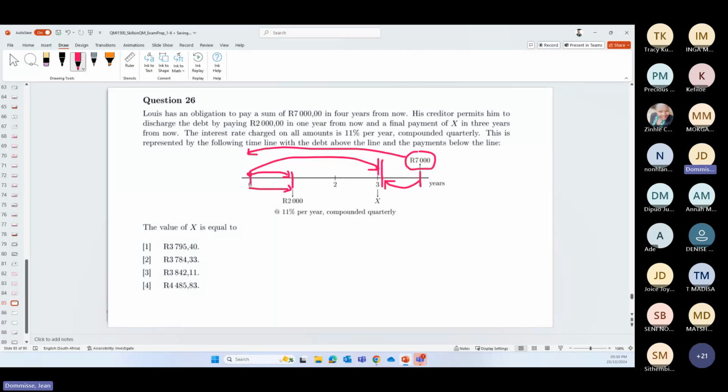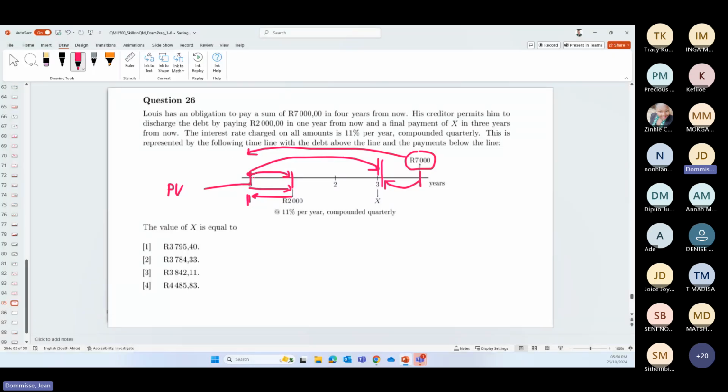To find out the present value of the 2,000, we can move that back to get the present value, then work out that present value to that side.